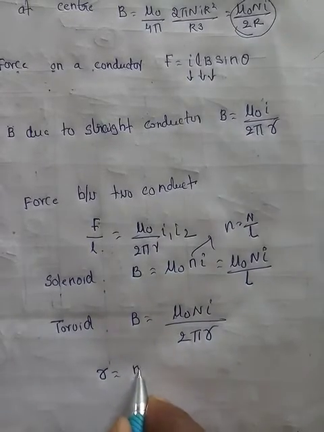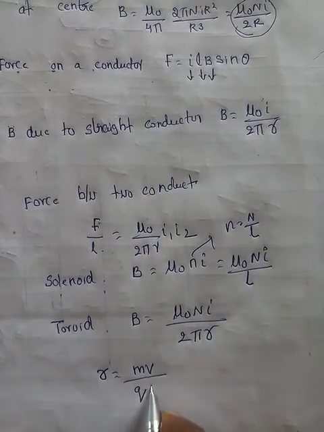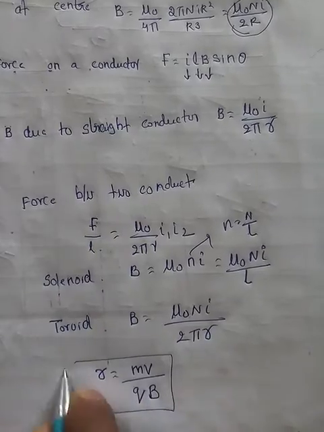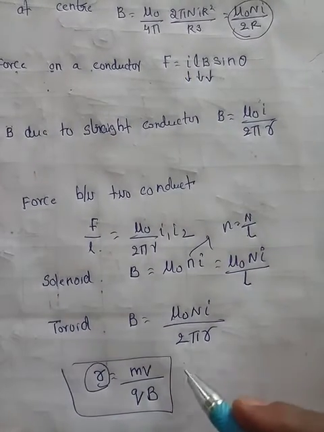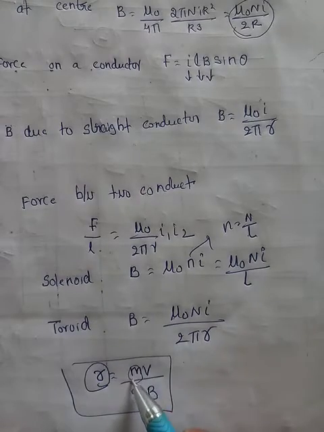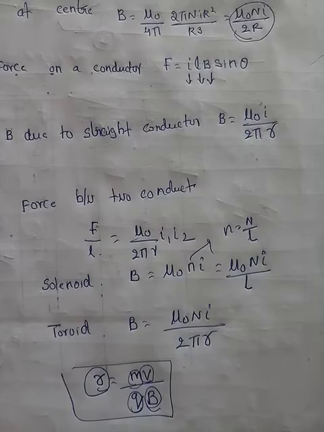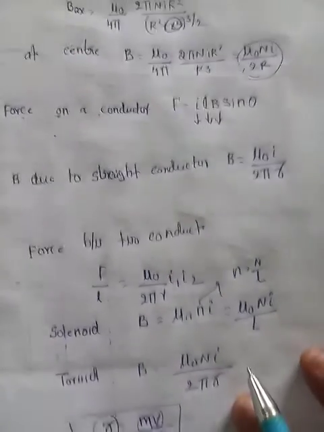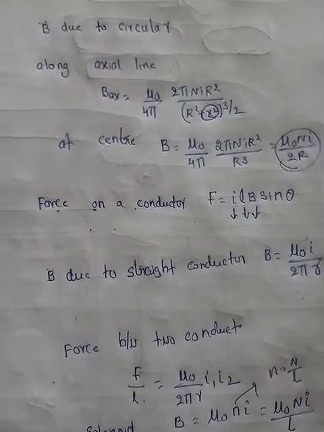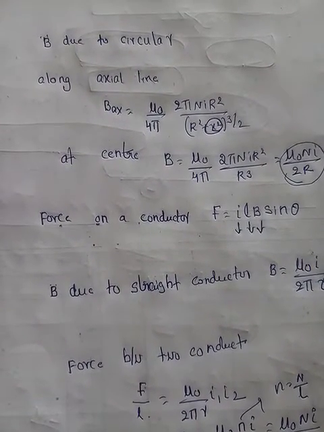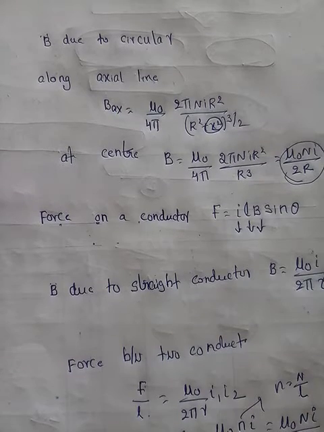The radius is equal to mass into velocity by charge into magnetic field, mv by qB. So these are the formulas that we are going to use in this class. Just go through the formulas once, then it is easy to find the answers for the given questions.